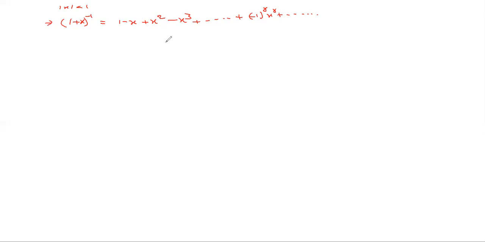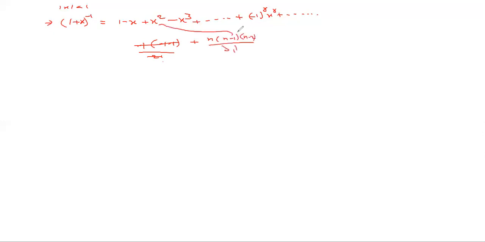Negative 1 into negative 1 minus 1. Okay, divided by 2 factorial means both gets cancelled. Next situation, here forget about negative, so positive n into n minus 1 into n minus 2 by 3 factorial.